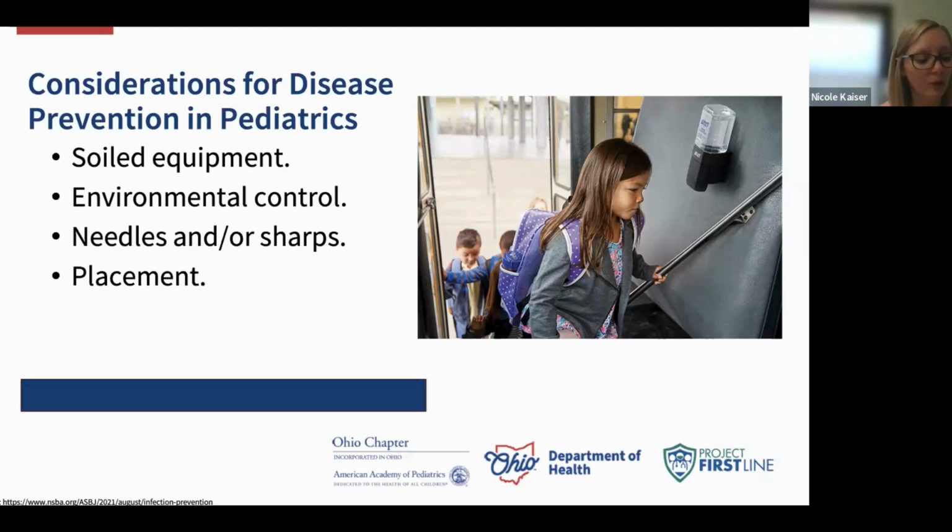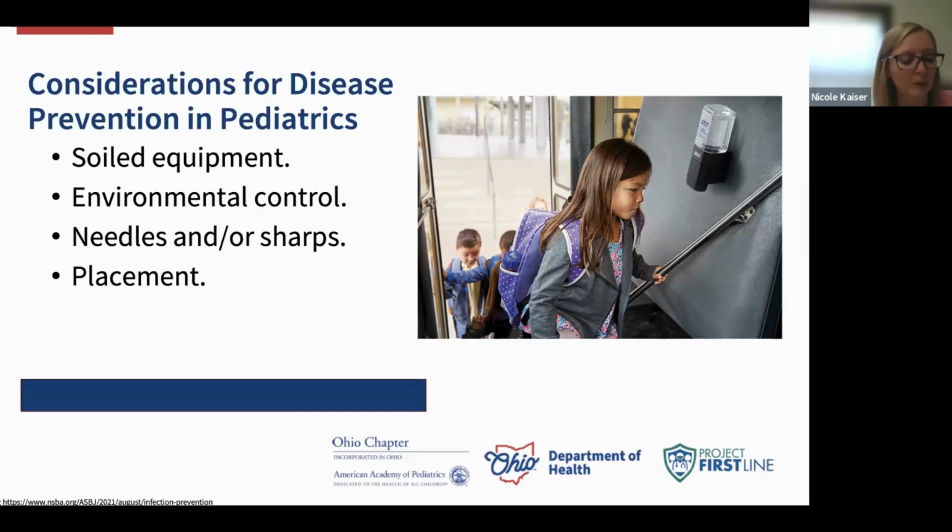When it comes to environmental control, cleaning highly touched surfaces frequently, the CDC has four components of a culture of cleaning and disinfection, which include integrating environmental services into our culture, because they are a very important part of our team as well. Making sure that we're selecting appropriate cleaning products, standardizing the cleaning protocols, monitoring the effectiveness and adherence to these protocols, and then providing feedback, ensuring that we're doing all those steps correctly.